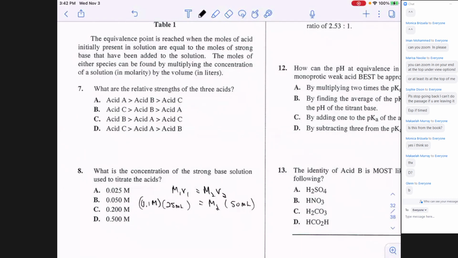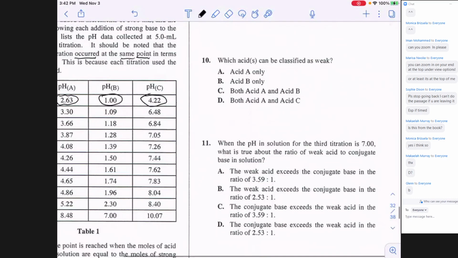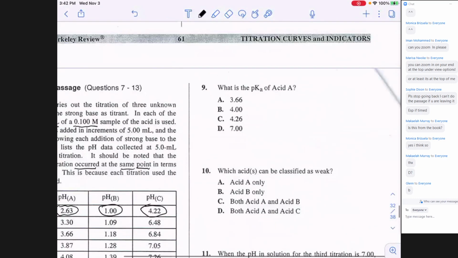So we divide by 50 and get a half. Half of 0.1 is 0.05. So your base is only roughly that strong in terms of molarity. Okay. What's the pKa of acid A?